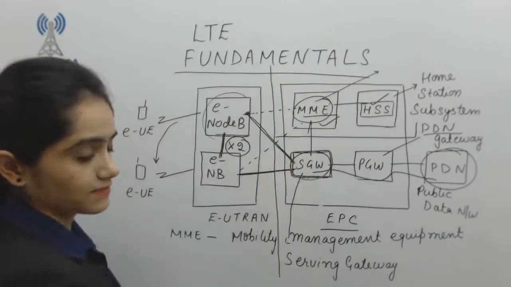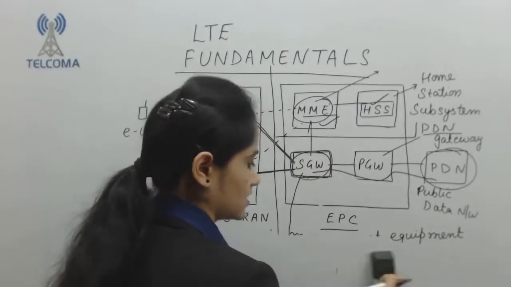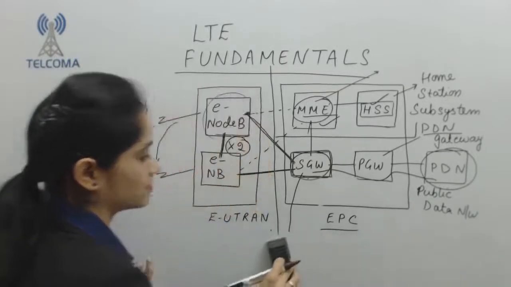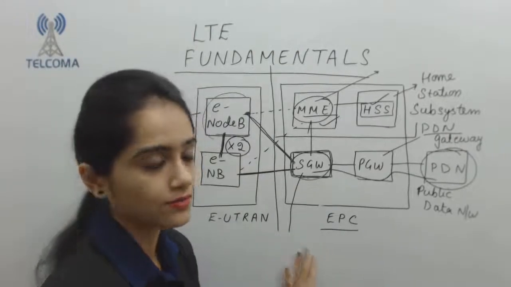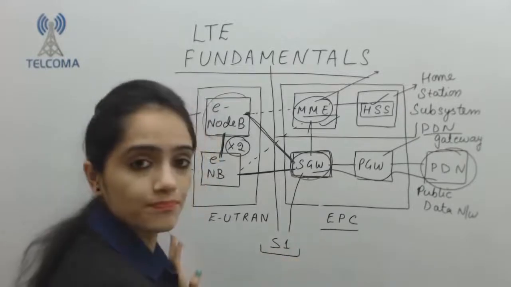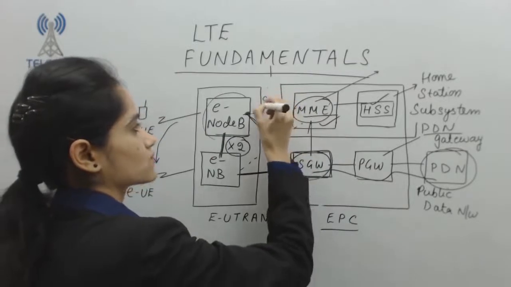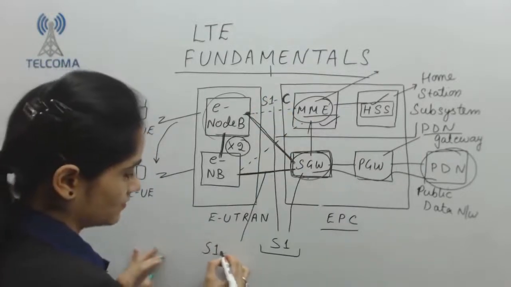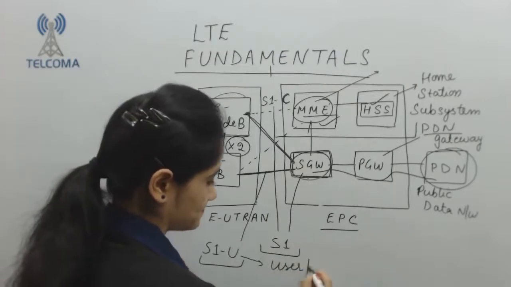Now, the interface between E-UTRAN and EPC, that means between my radio access network and my evolved packet core. This interface is commonly known as the S1 interface, but for signaling we have S1-C, where C is for the control plane, and this one is S1-U, where U is for the user plane.